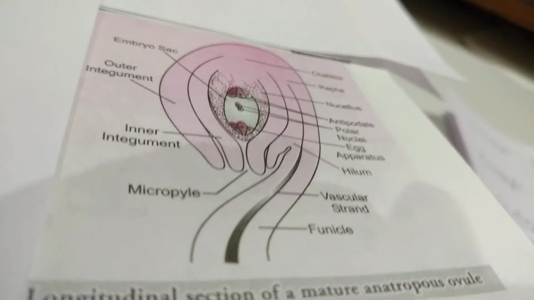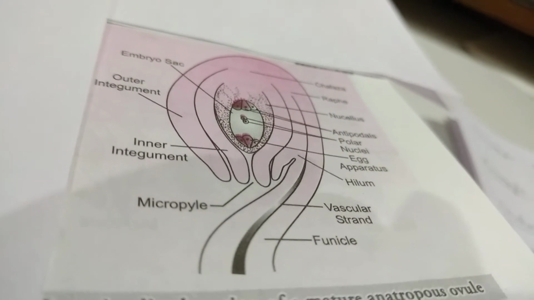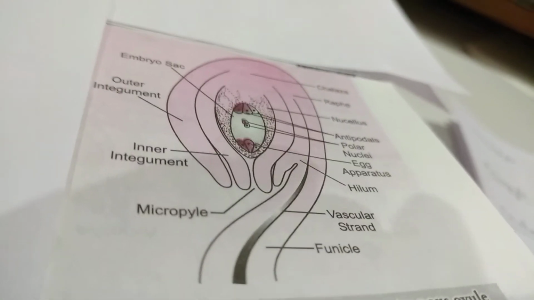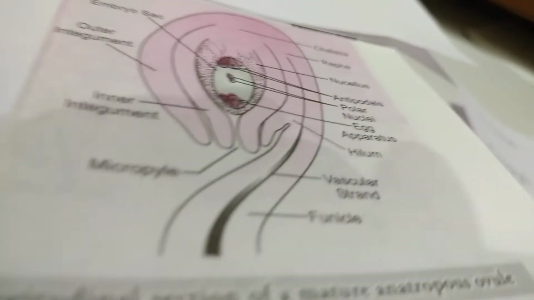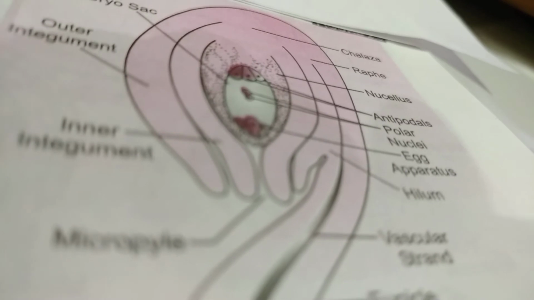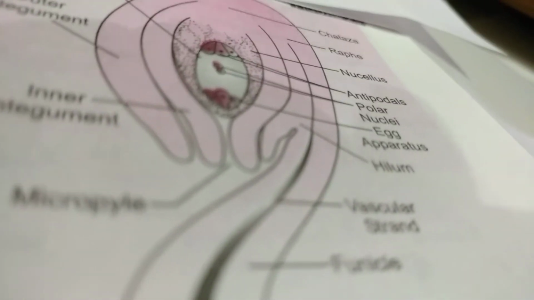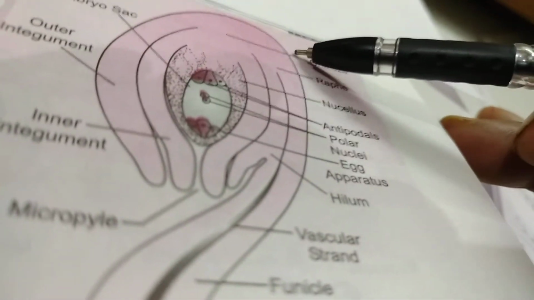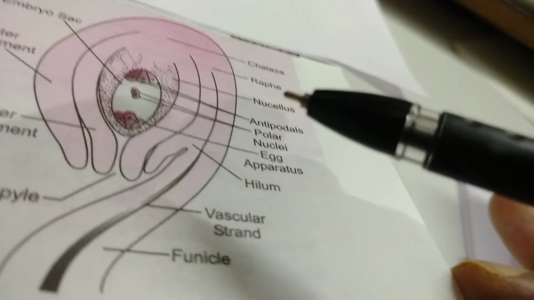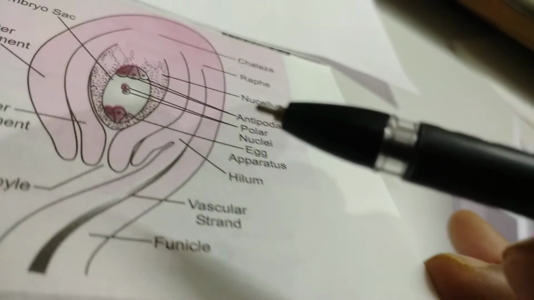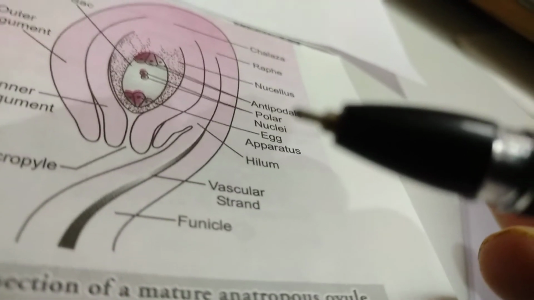Now let us see those parts which we have studied. Just see here the funicle, then you can see the vascular strand, hilum, the micropyle, and opposite to that you'll see the chalaza. Then you find the longitudinal ridge, that is the raphe. Within the integuments you can see the nucellus, which is the parenchymatous cells.